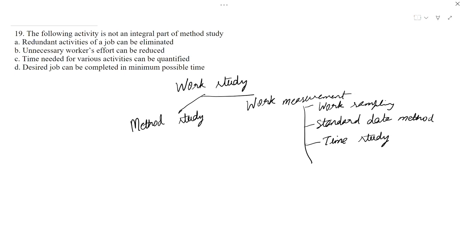Now, work measurement is used for two purposes.